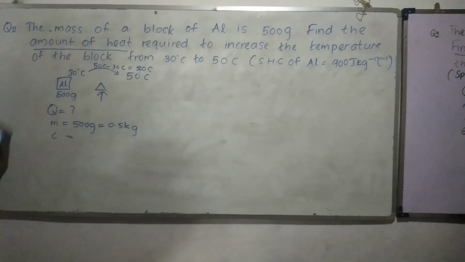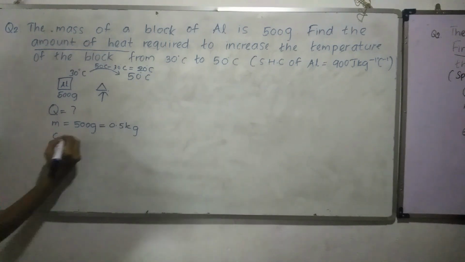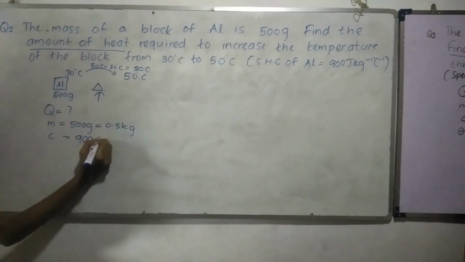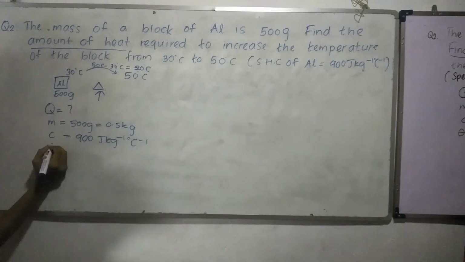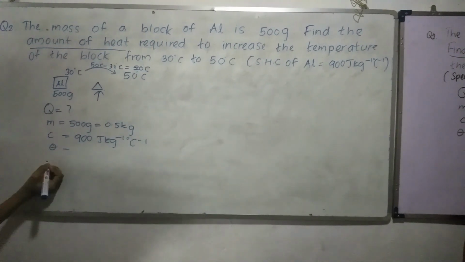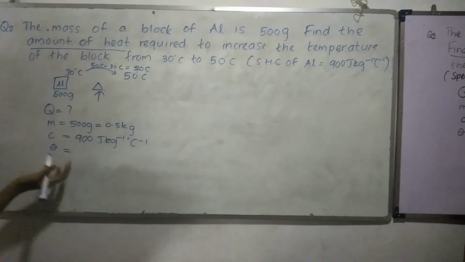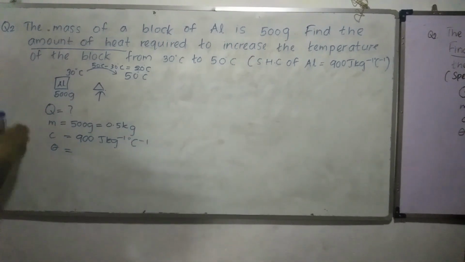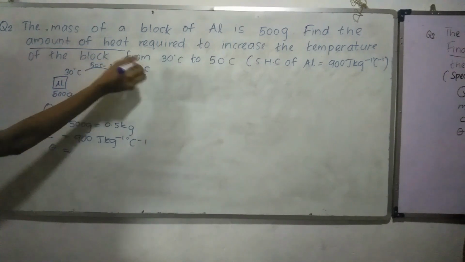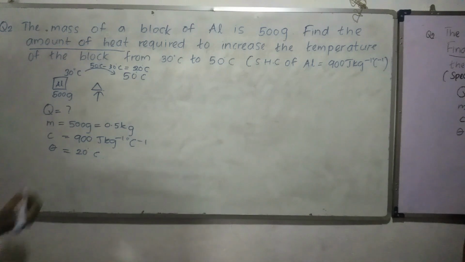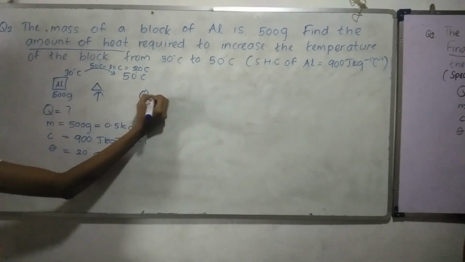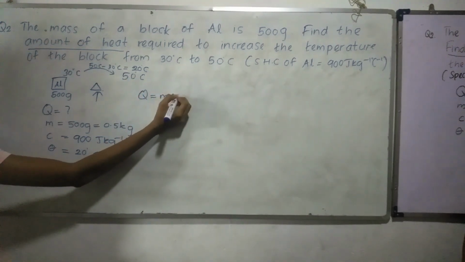Simple c, specific heat capacity of aluminium, is 900 joules per kilogram per degree Celsius. And theta is the increase in temperature, that is final temperature minus initial temperature, 50 minus 30, 20 degrees Celsius. Now we know the equation Q equals mc theta.